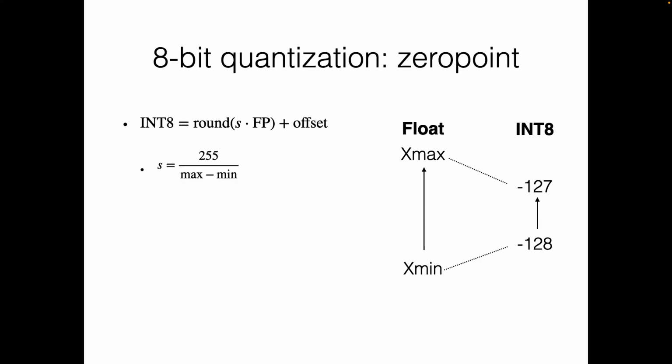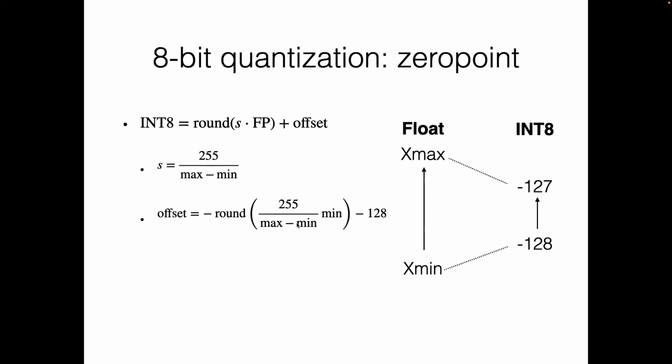There's a blog post that goes through the steps of all this. I should add it as supplementary reading. If you're curious, you can walk through the derivation. But it comes down to the scale being the total number of values you have in int 8, divided by the range. This is sometimes called dynamic range, because here you have this max and min. And then the offset turns out to be this.